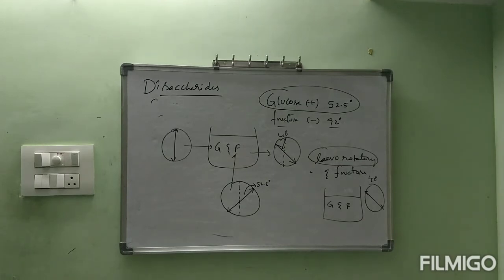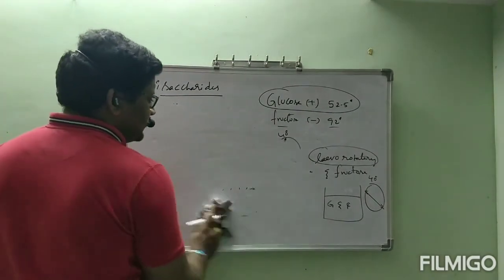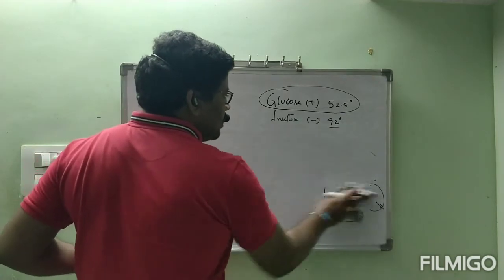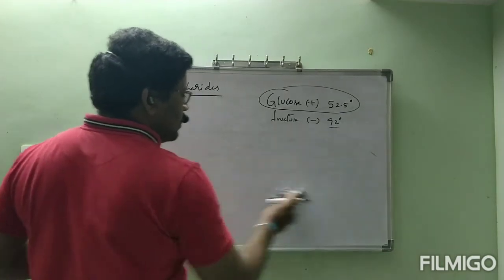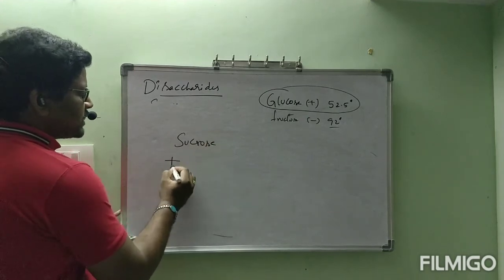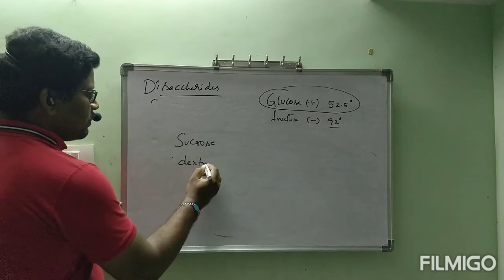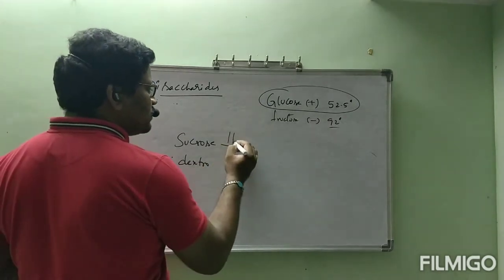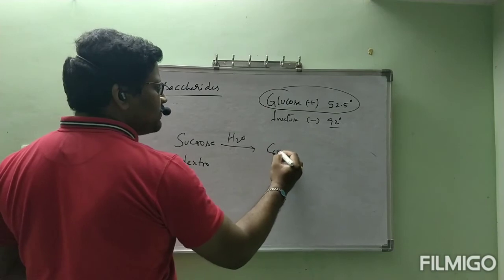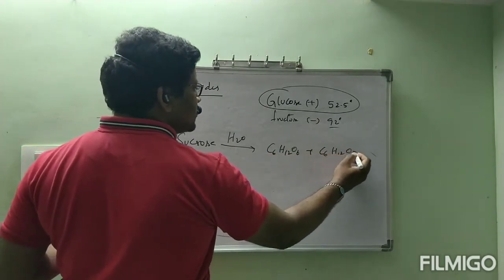Now finally I am going to give the conclusion. Sucrose, which is dextrorotatory, if it undergoes hydrolysis, will be converted to C6H12O6 plus C6H12O6.